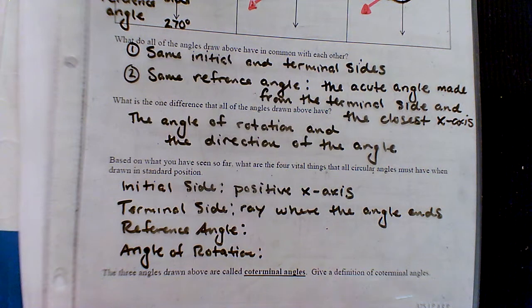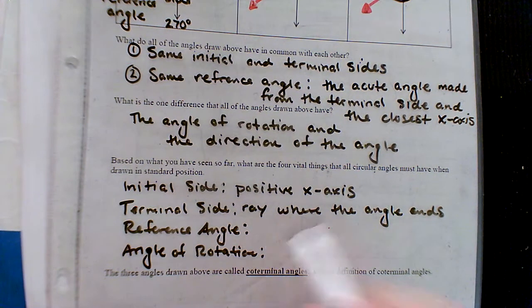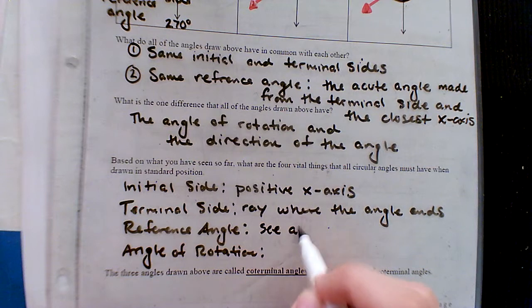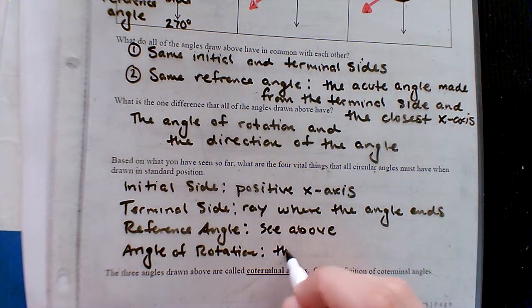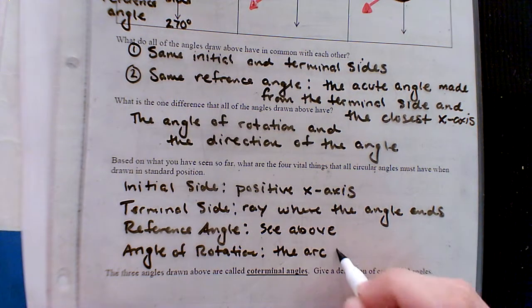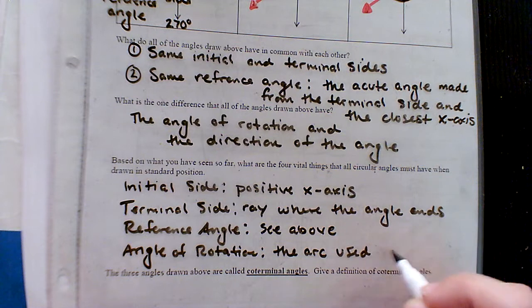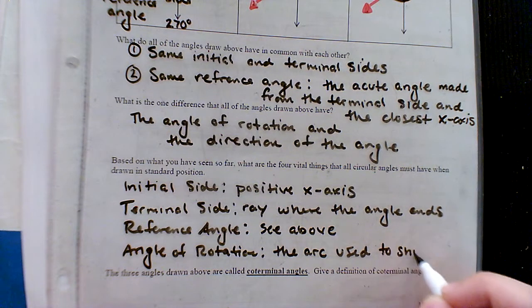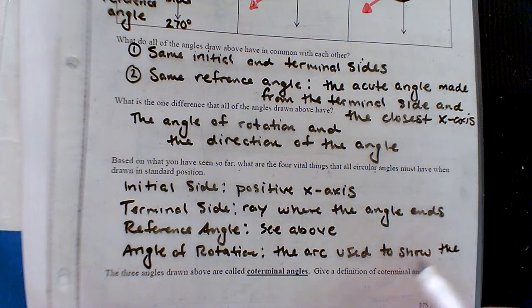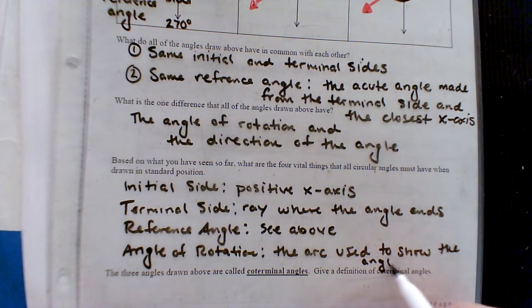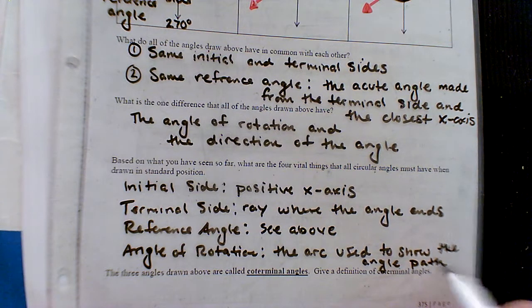The reference angle we defined above, so maybe we'll say see above for that definition. And the angle of rotation is, we'll perhaps say, the arc used to show the angle path.